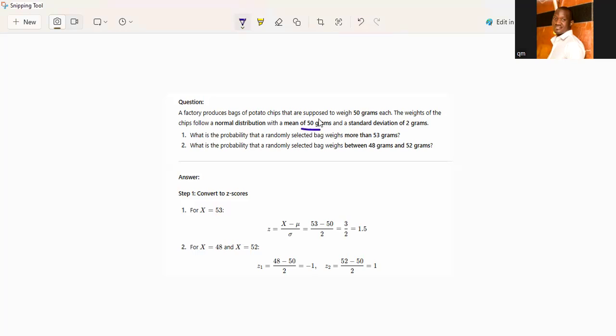So the first pass here, we need to understand what we've been given. Our 50 is our mean, mu. Our standard deviation is 2 grams. So it's a normal distribution, so you can illustrate it.